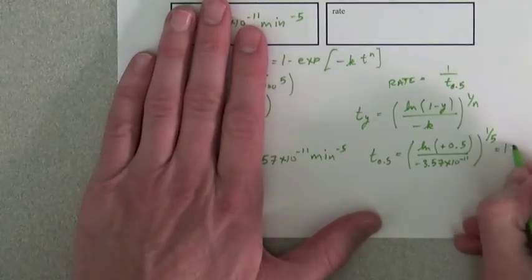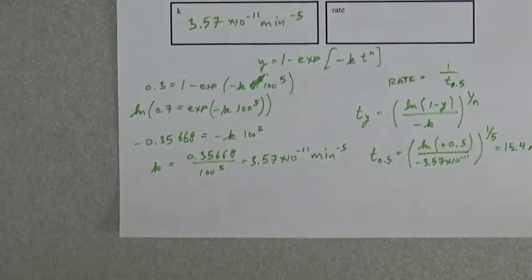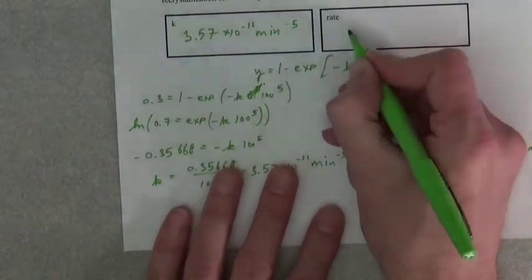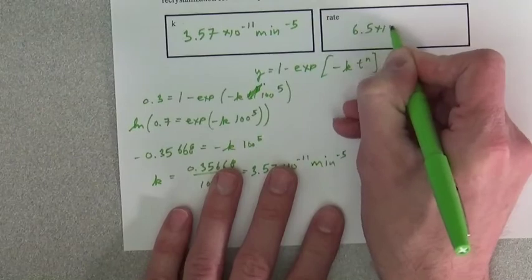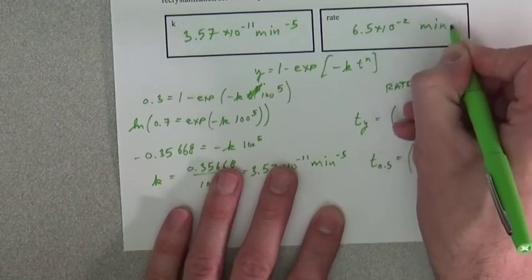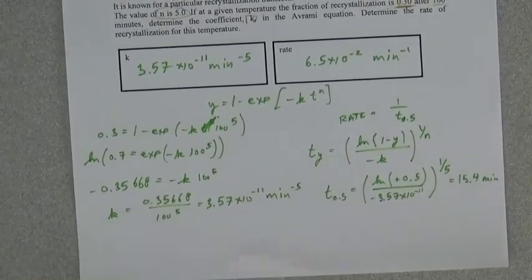We get 15.4 minutes. And then inverting that to get rate, we get 6.5 times 10 to the minus 2 inverse minutes as the rate. So that's solving the second part of the problem.